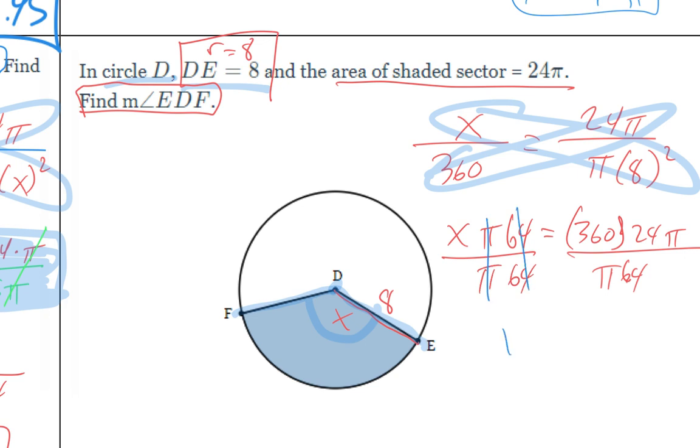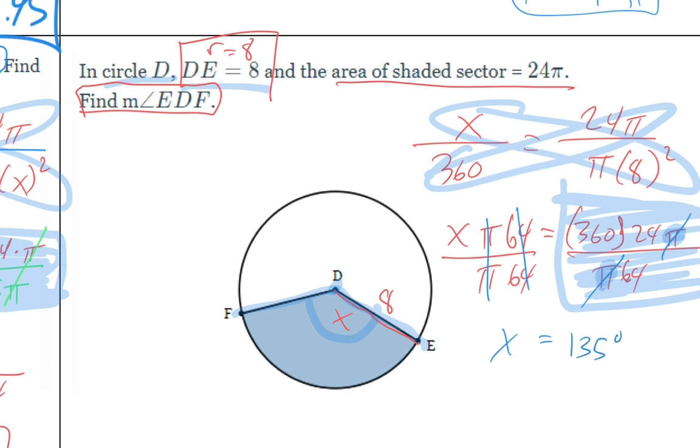Now what would cancel on the right side? That's right, these two would cancel out. Anytime we have the same thing on top and bottom, they would cancel. So you could cancel those if you want to or not. It doesn't matter because mathematically it's the same thing. If we just type that whole thing in with or without those pi's, we're going to get the answer of x equals 135 degrees.